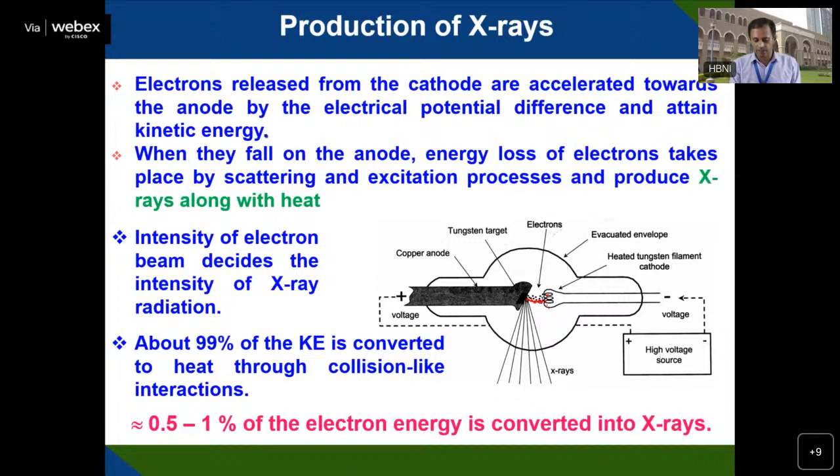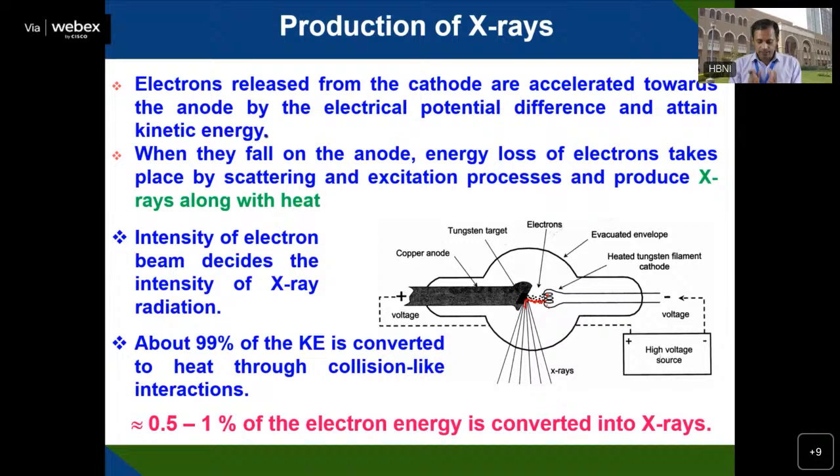Once that high kinetic energy is generated, when the electron falls on the anode, energy loss of the electron takes place, and that energy creates an excitation process where X-ray can be produced from this source. Along with the X-ray, since it is a high energy process, some heat is also produced. The intensity of the electron beam decides the intensity of the X-ray beam.